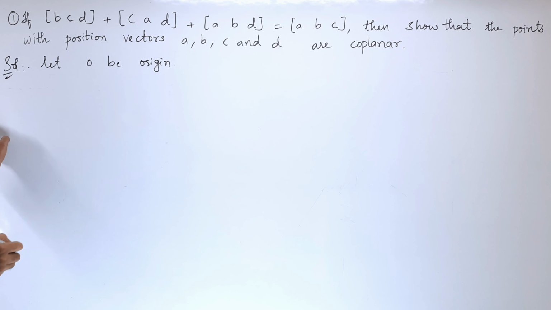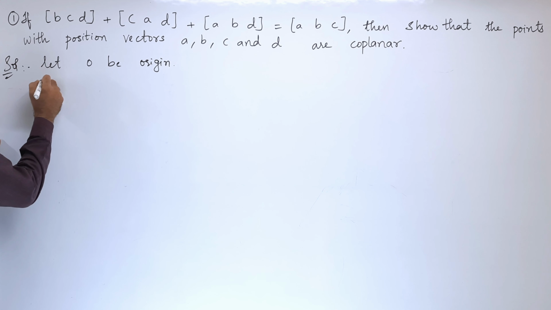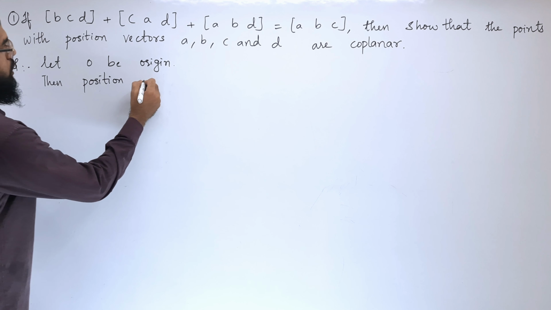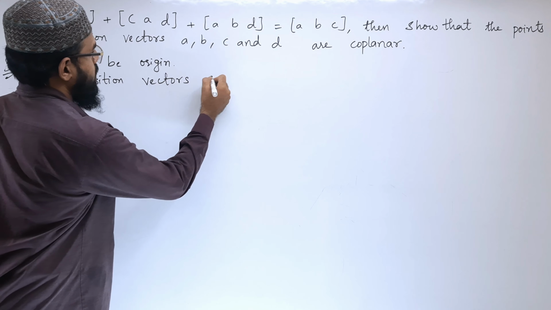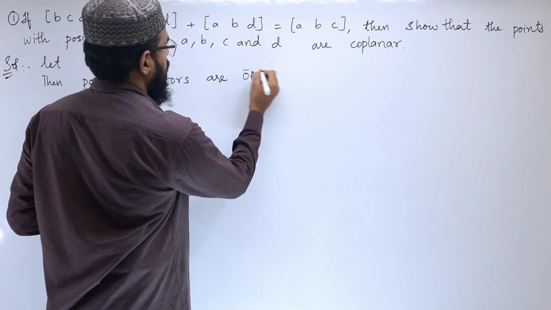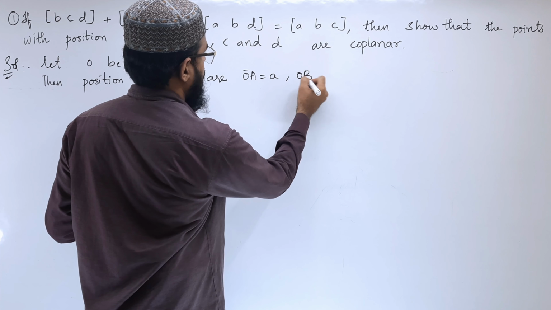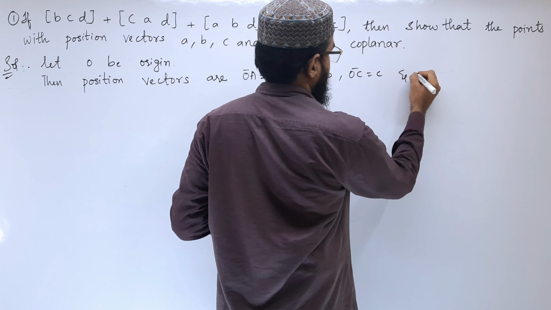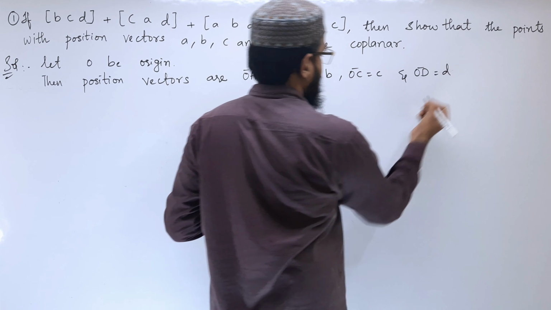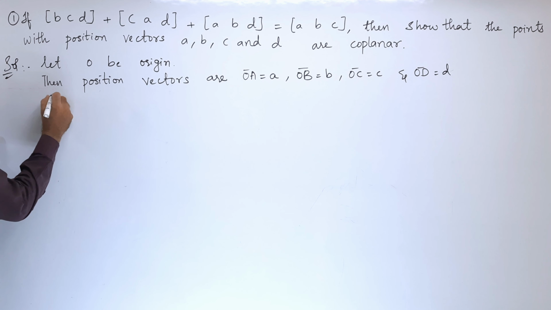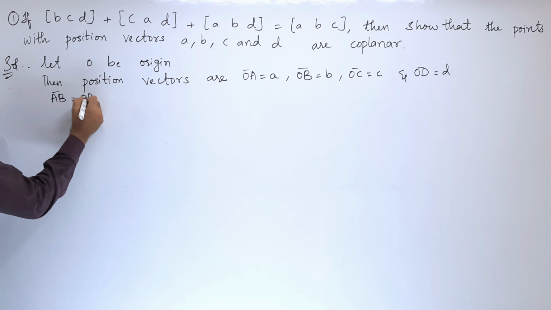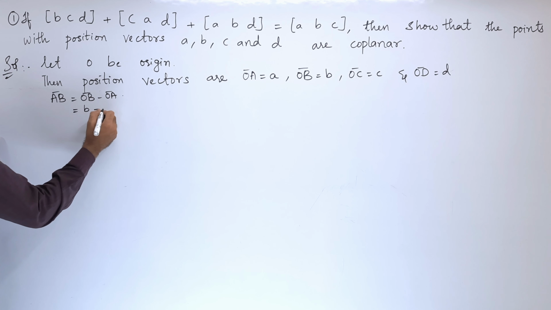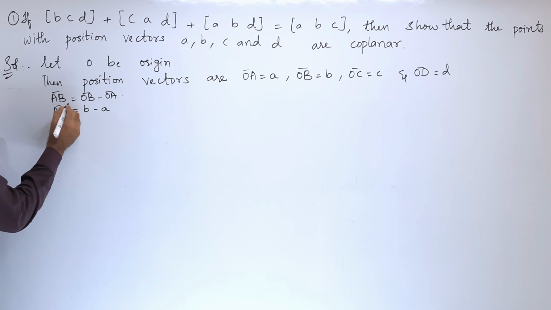Next we can write the position vectors: OA is equal to A, OB is equal to B, OC is equal to C, and OD is equal to D. For finding AB, we get OB minus OA, which is B minus A. So this is AB.